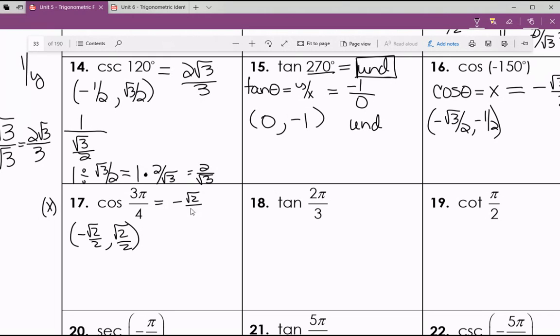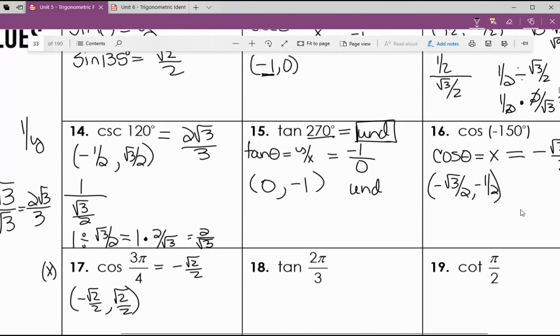So my final answer is just that fraction. So find your angle, grab your ordered pair, fit it into the ratio. All right.